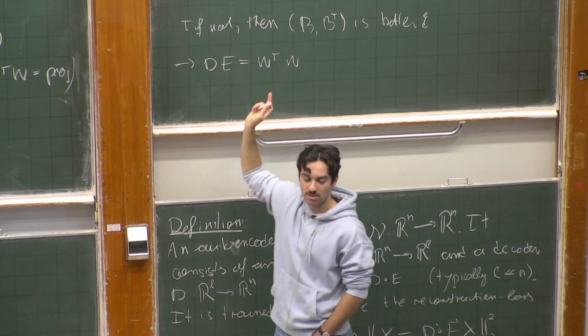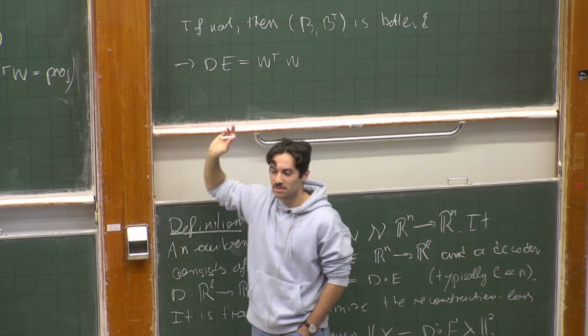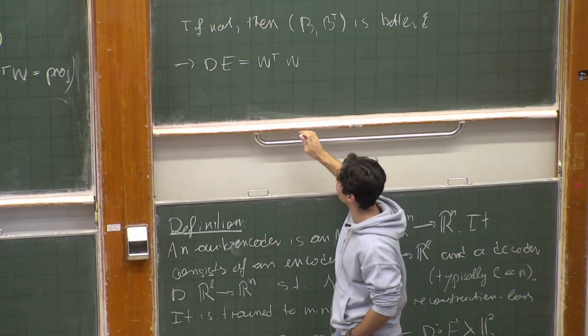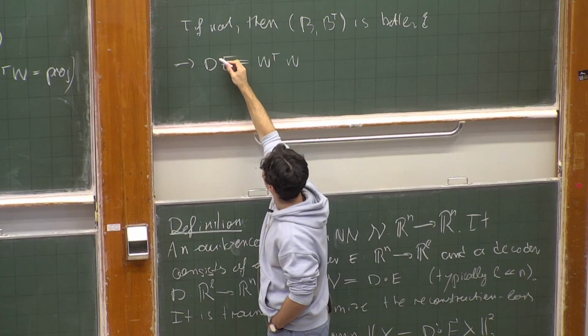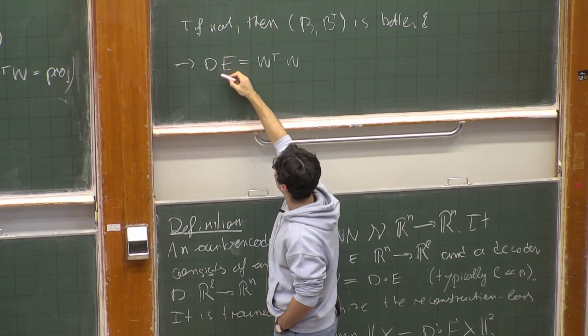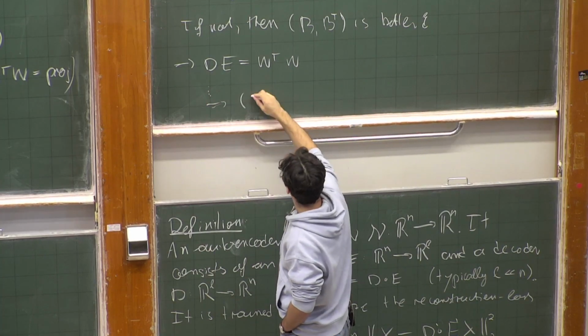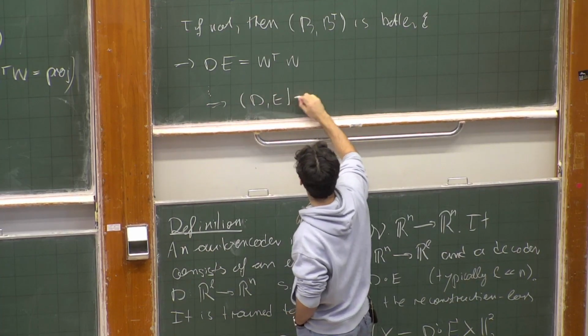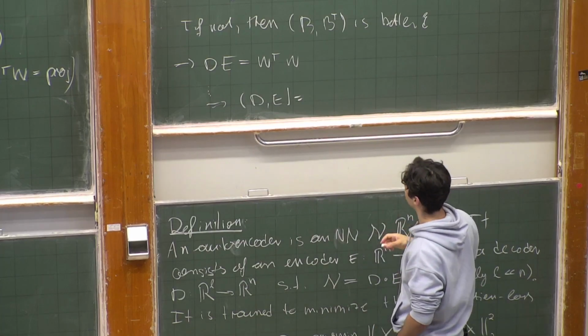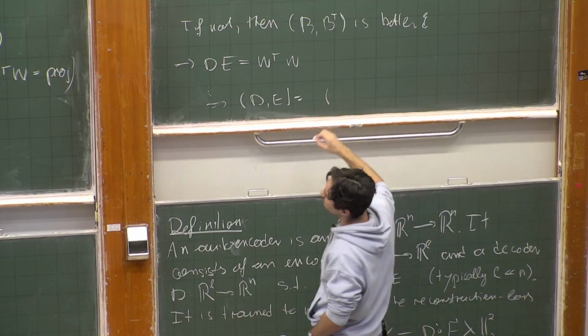For the other direction, you start exactly like we did here, and you arrive at DE equals W transpose W, and then you need to do a bit of math to show that you can split the product and see that DE is the same as, what did I say?